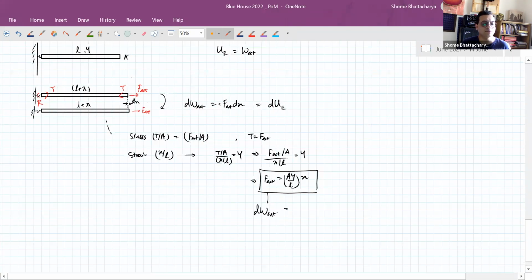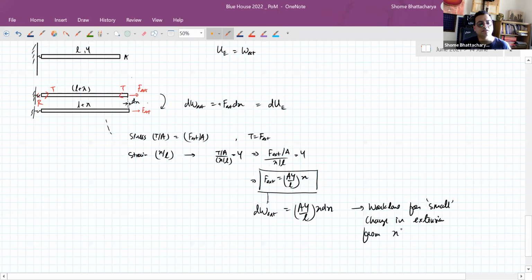For that small displacement, it is doing a work of AY by L into X dx. This is the work done for a small change in the extension from X to X plus dx.